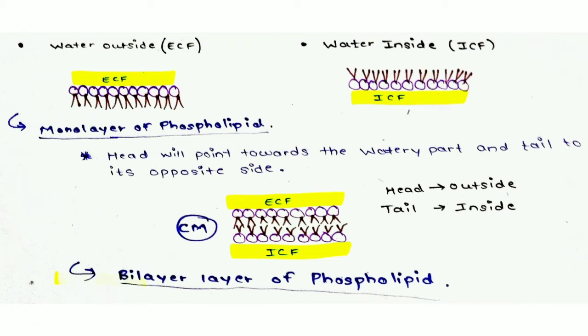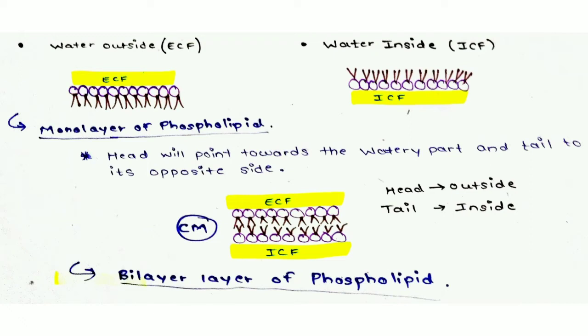As you can see in the figure, it shows such a monolayer of phospholipid on the ECF side, the extracellular fluid. Water is also present inside the cell, so for the inside, a similar monolayer will be there, just the head will be touching the water side and the tail will be on the opposite end.